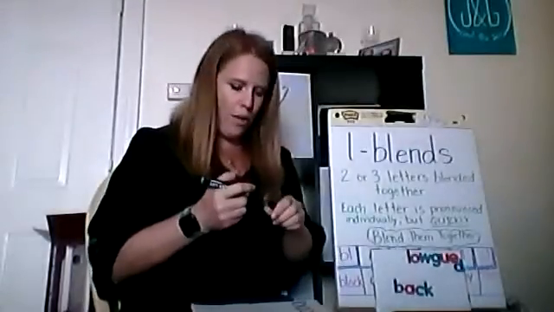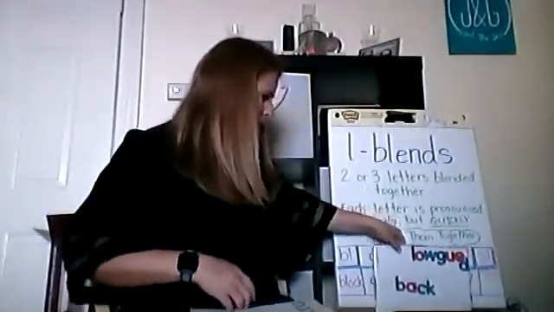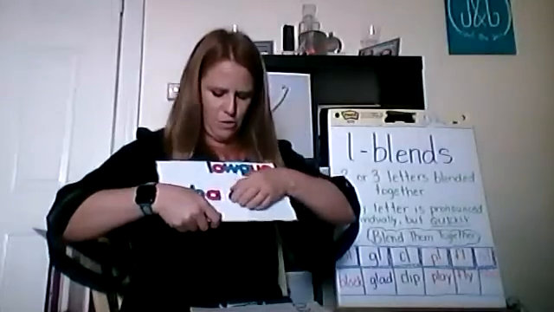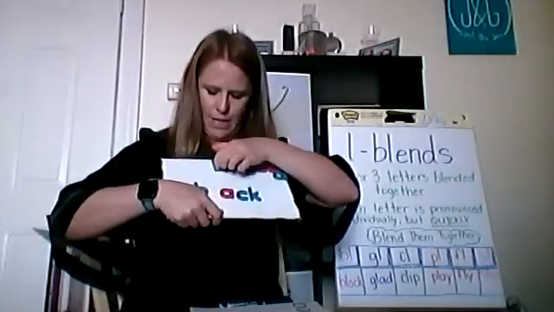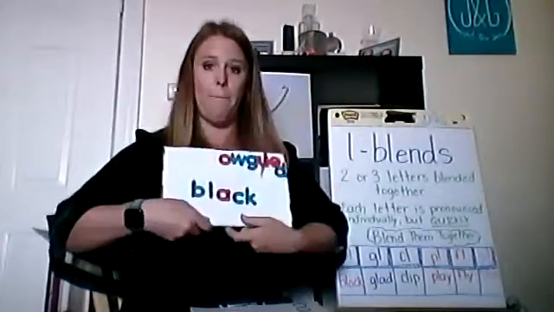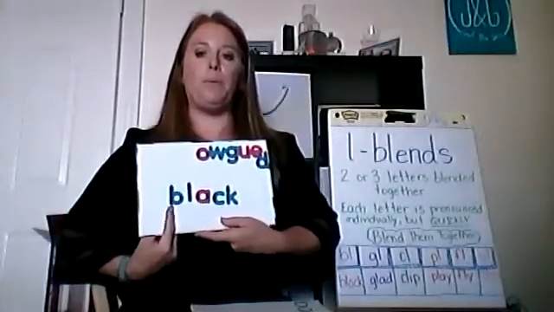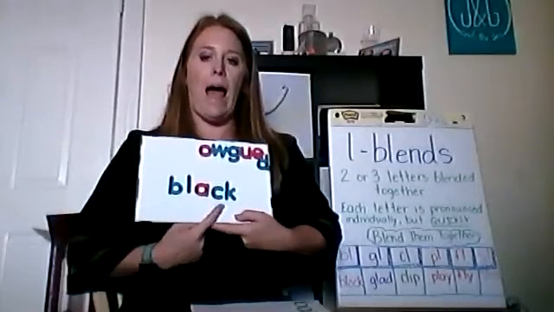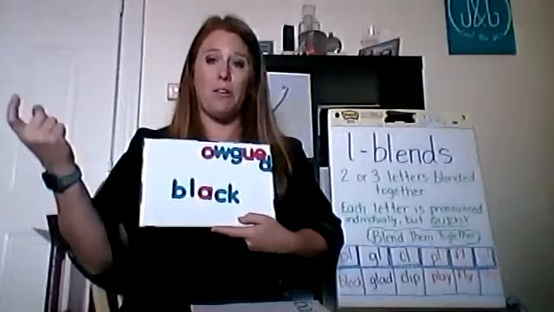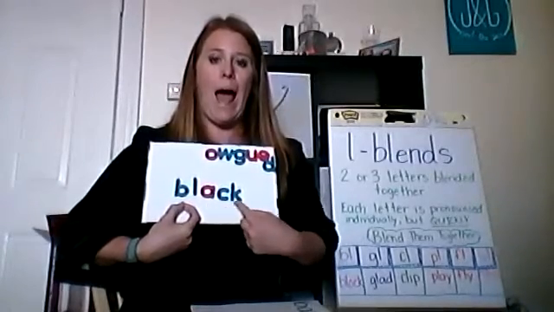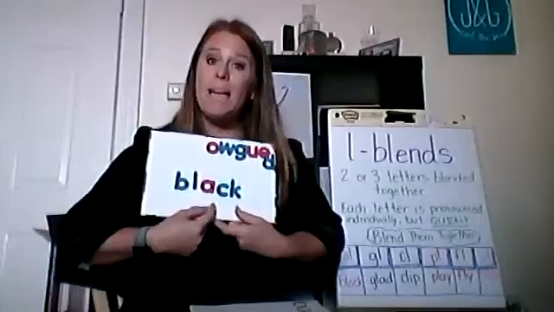So now we're going to make our next word, and I'm going to add my blend in here. So I'm going to move my letters over a little bit, and I'm going to bring down my L, and we're going to make that L blend here. So let's sound it out. B, l, ack. And remember, B, L are going to come together really fast. Bl, bl, ack. Black.